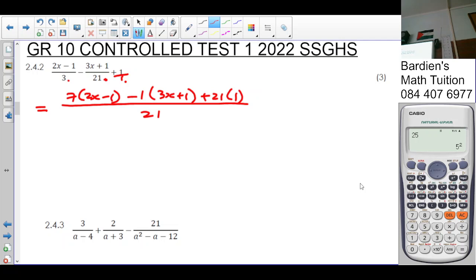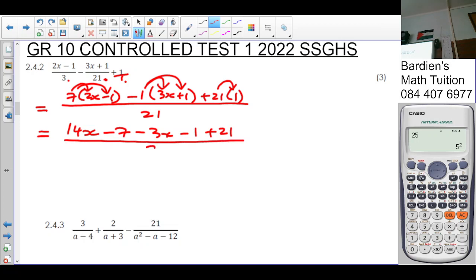Okay. So 7 times 2x, 14x. 7 times negative 1, negative 7. Negative 1 times 3x, negative 3x. Negative 1 times 1, negative 1. 21 times 1, 21. And this is all over.